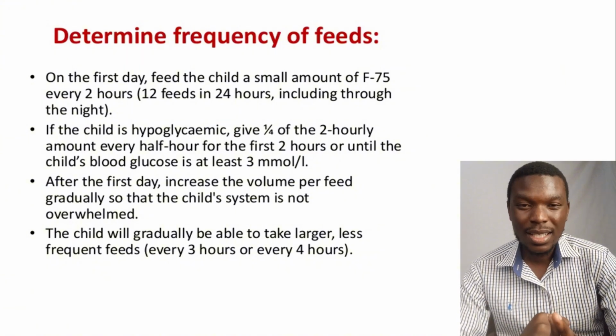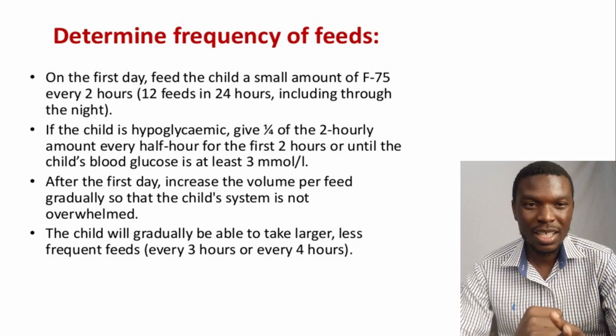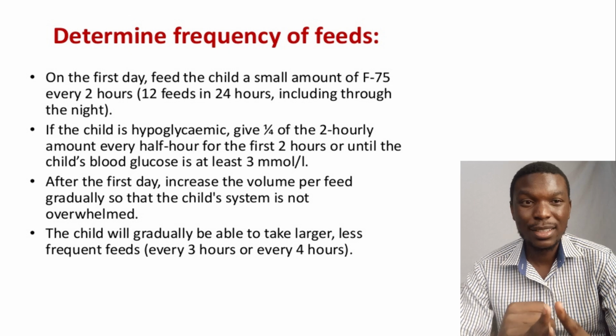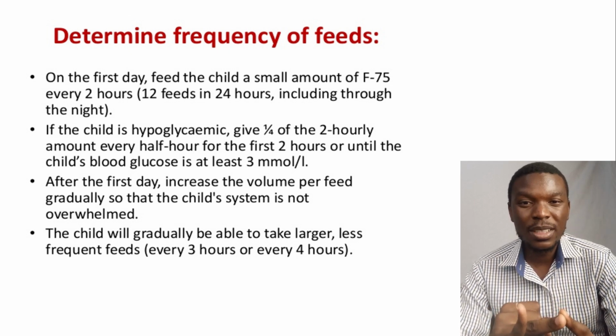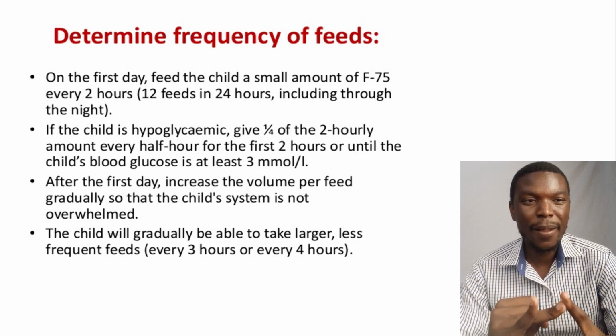So when you did the random blood sugar, you discovered the child is hypoglycemic. You gave the dextrose and so on. Now you have moved to the feed. How are you going to give a feed in a child who is hypoglycemic?